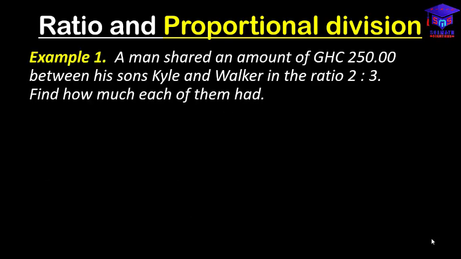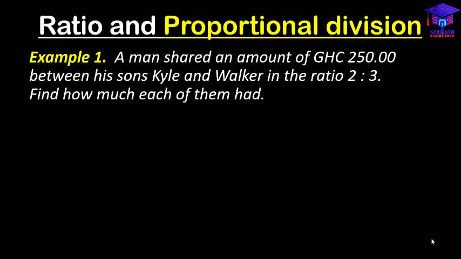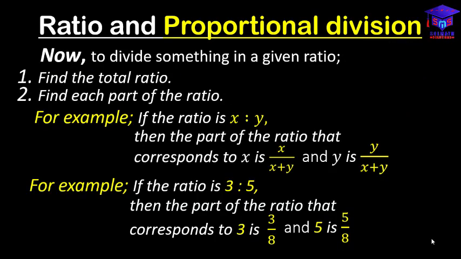Now, a man shared an amount of 250 Ghana cedis between his sons, Kyle and Walker, in a ratio 2 is to 3. Find how much each of them had. As we said earlier, to be able to share this amount according to the given ratio, we first have to find the total ratio, right?